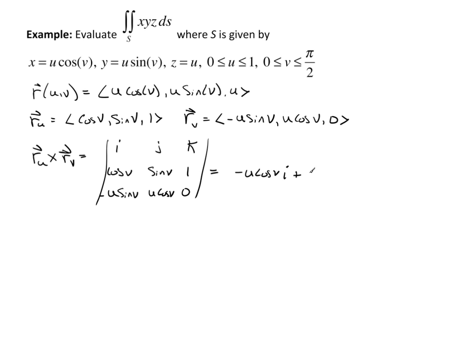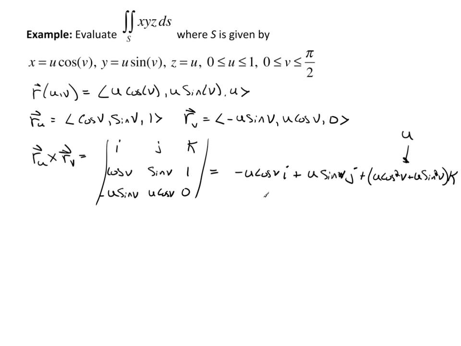plus u sine v j plus u cosine squared v plus u sine squared v k, where obviously this is just going to be u, because if I factor out the u, I get cosine squared plus sine squared, which is 1, so it's u times 1.